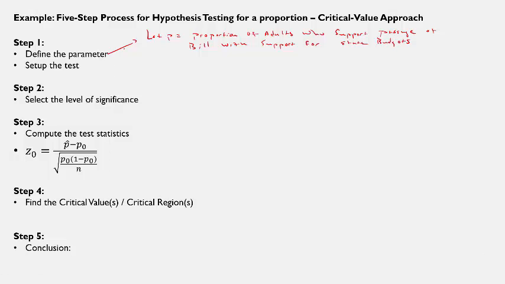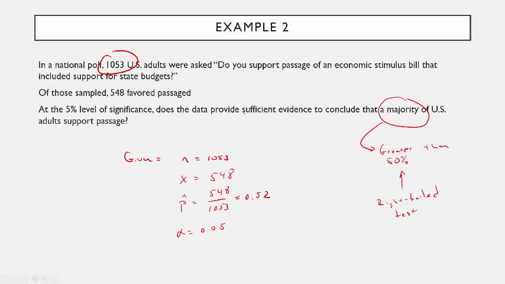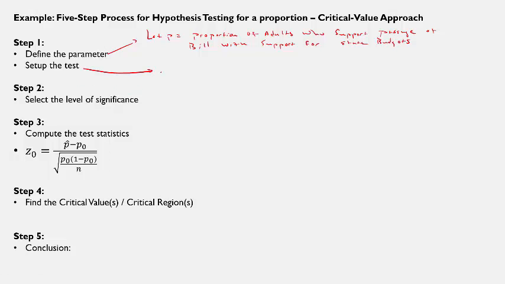So now that we've defined the parameter, we're going to set up the test. Looking back, we wanted to show evidence that it's greater than 50%. So when I set up my null and alternative hypotheses, that's what I'm looking to show evidence for.